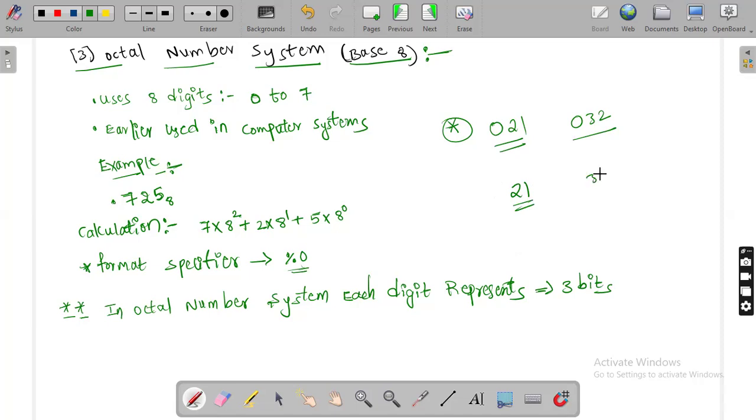If I write directly 32, then it is treated as decimal 32. Getting my point? So this is the octal representation. If you want to write octal numbers, then you have to write 0 first. If I write 01234, then this is treated as octal 1234. Okay, this is octal representation.